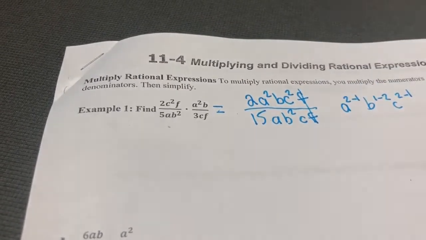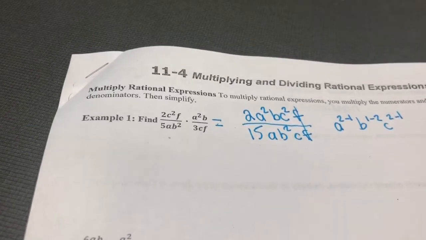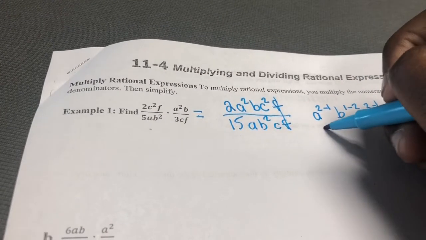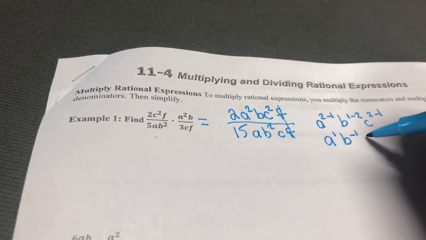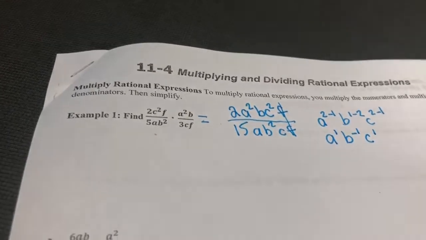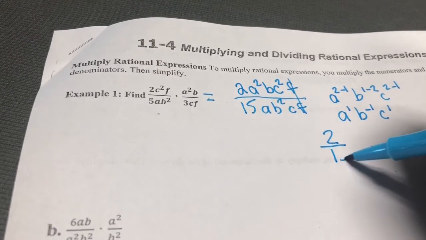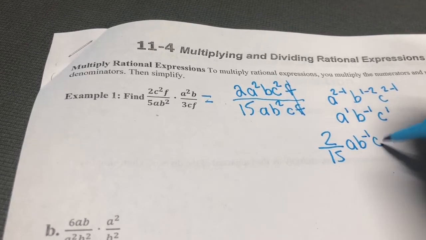And our f's basically cancel, because 1 minus 1 is 0, and anything to the 0 is 1. So when we write our final answer, this becomes a to the 1 power, b to the negative 1, c to the 1 power, and I'm going to combine it with my 2/15. So I end up with 2/15 a b to the negative 1 c.